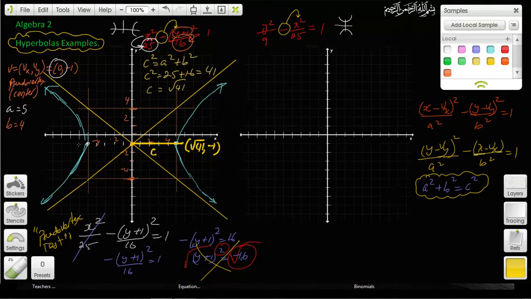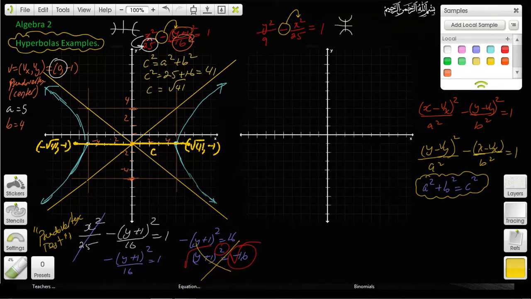On this side, it's actually going to be somewhere over here, a little bigger than 6. That's the other focus, negative square root of 41 and -1. So those are the two foci.